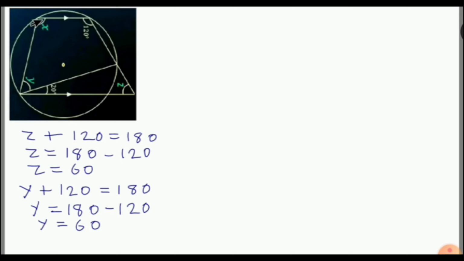Then now it's time to get x. To get x now, I can say since here is a parallel line and here is a parallel line also, the sum of interior opposite angles is equal to 180. So I'll write it like this: x plus y plus 20 equal to 180. Now we've already gotten y as 60.